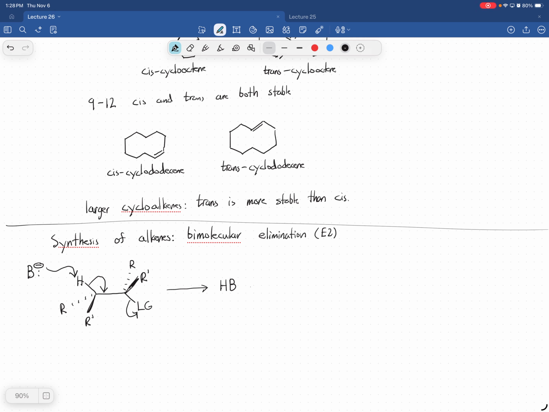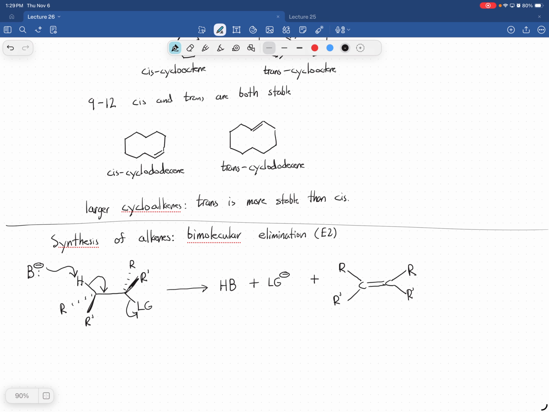So we get the base, the leaving group, and then our alkene, R C double bond R prime. It's stereospecific, which is why the R groups stay in their relative positions.